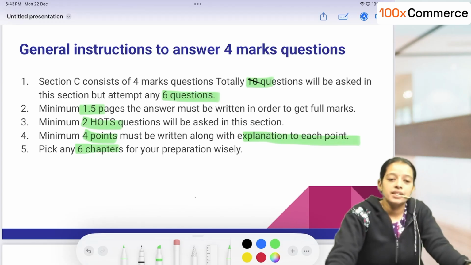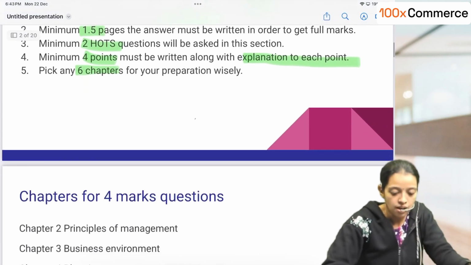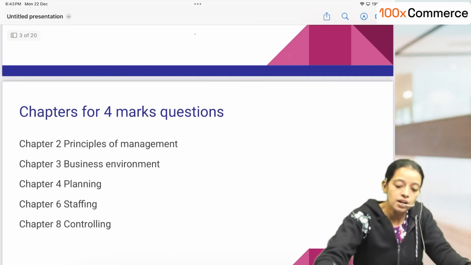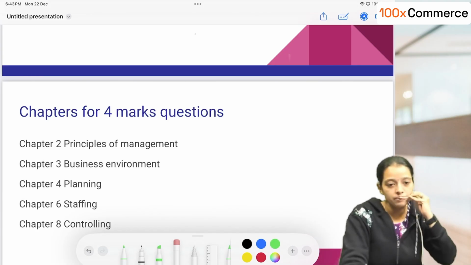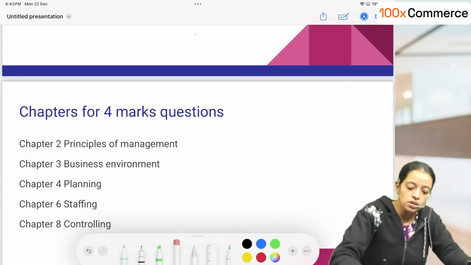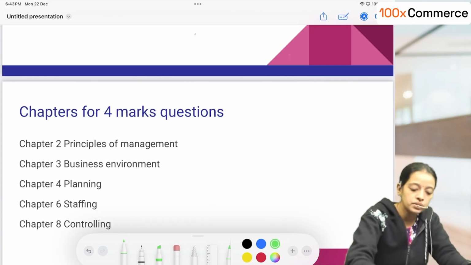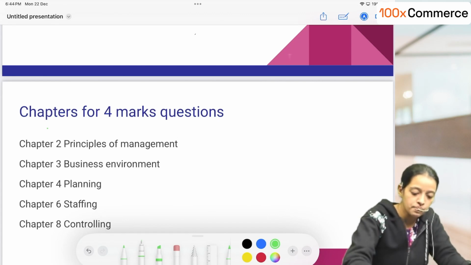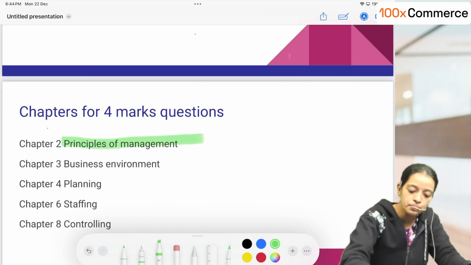So let's not delay and start with the most important questions, chapter wise. Which chapters are covered in part 1? As we see in your textbook, we have 2 parts. Part 1 is all about the management related concepts. You are going to get questions from principles of management and business environment.